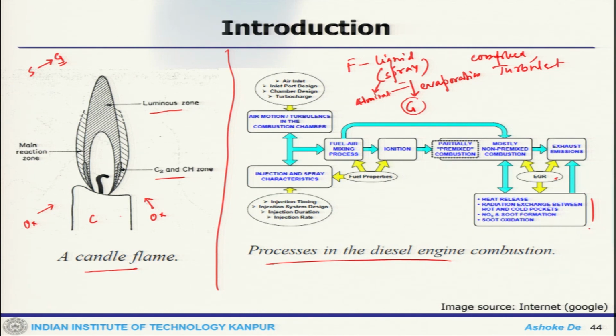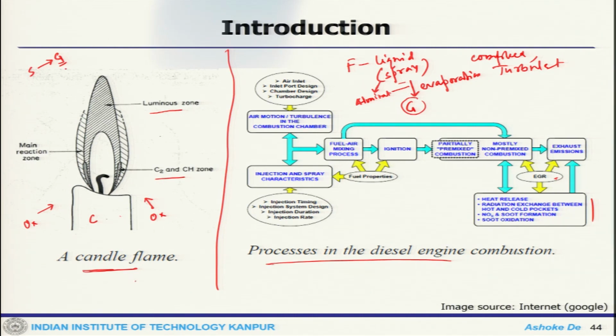These are the things which we will see as we go along. As soon as you move from the simple example of candle burning to a diesel engine situation, which is a more realistic situation, the complications increase in a different manifold and in a different time scale.